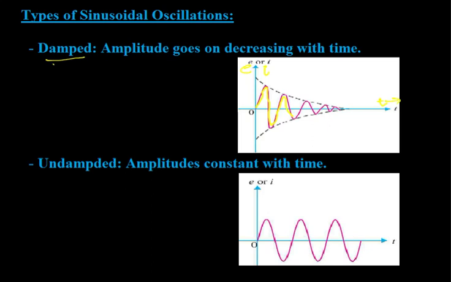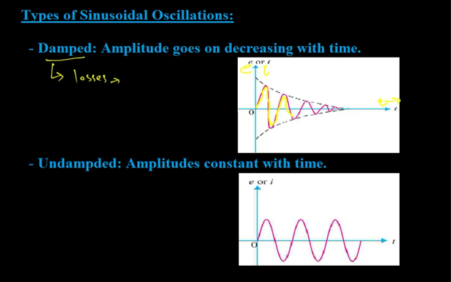The reason for damping in a circuit is that some losses occur in the circuit. Usually in the case of a sinusoidal oscillation, the circuit consists of a capacitor and an inductor. The capacitors will have dielectric losses, and the inductor will have resistive and radiation losses.